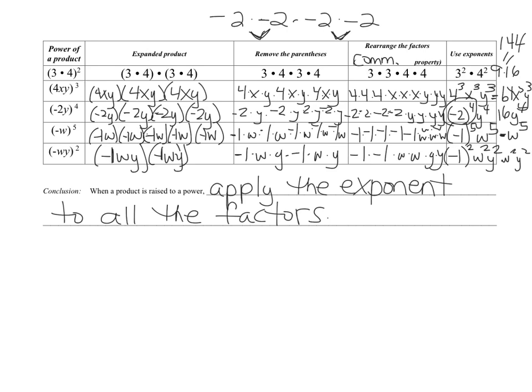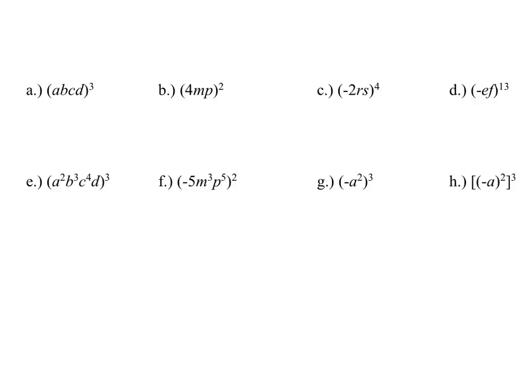Okay, so now, let's go ahead and try some of these, and we're going to end up getting the final answer. All right, so basically I'm taking this 3 and I'm just applying it to all the factors when I bring it in. So this final answer, without having to expand it, is just going to end up giving me a to the 3rd, b to the 3rd, c to the 3rd, d to the 3rd.